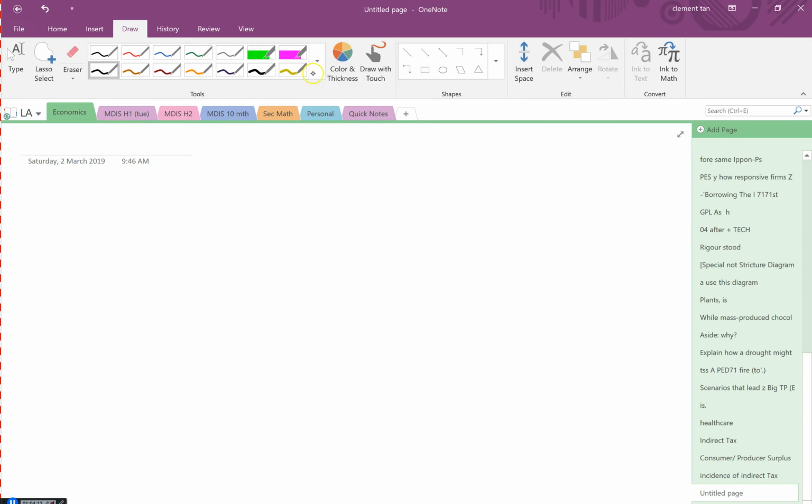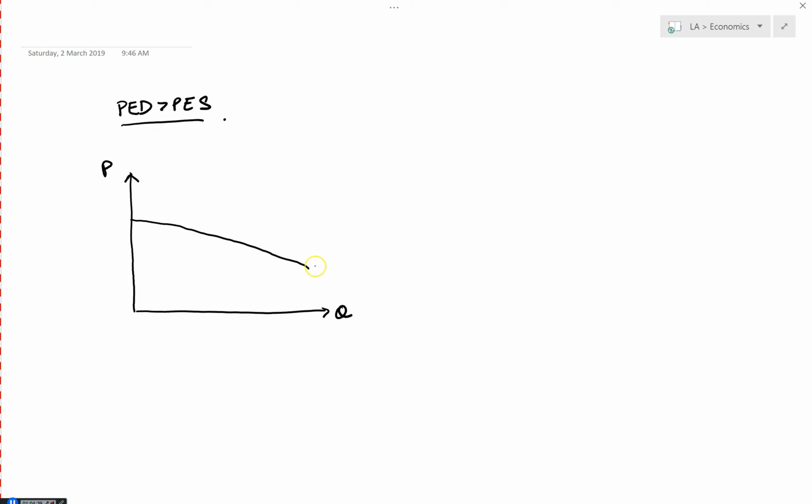One, PED is more elastic than PS. First scenario, PED is more elastic than PS. So you just draw demand, very elastic. Demand, elastic. Supply, being inelastic.